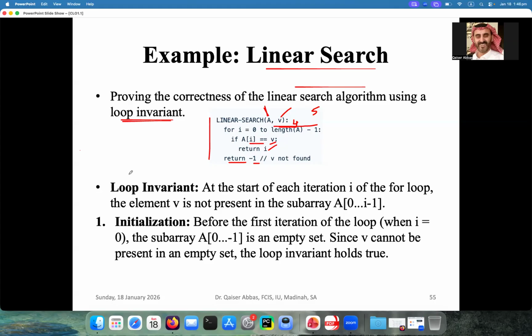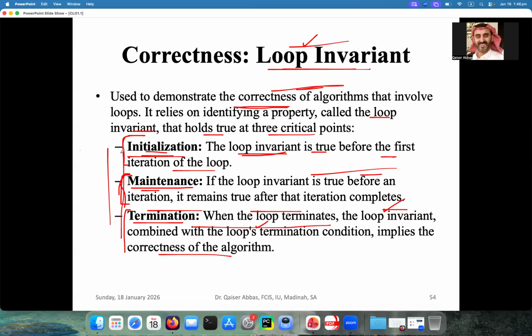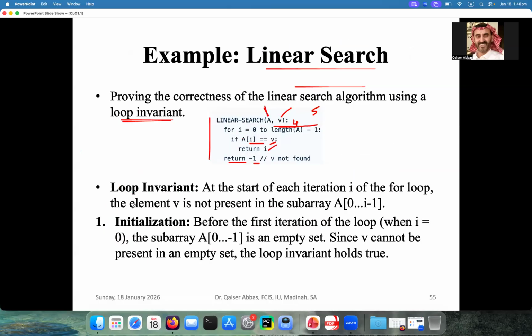Before considering these three steps, initialization, maintenance and termination, you have to make a theory. You have to make a statement which you will check on each step to see that it is true. That statement is called a loop invariant. What is our loop invariant here?